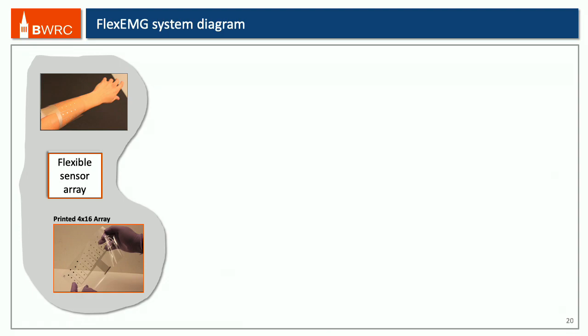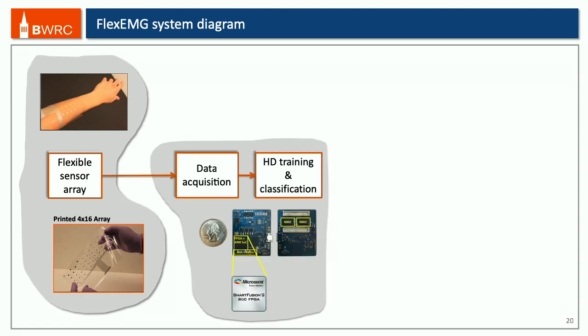So these are the different blocks of our system. We start with printing a flexible sensory array. It is screen printed on a flexible substrate in Professor Ana Arias' group in our department. Then we designed a very small PCB that has custom chips for recording and digitizing the EMG signal.